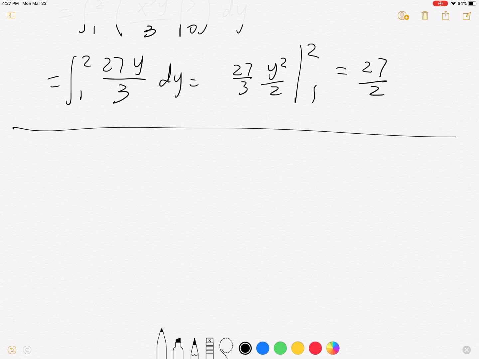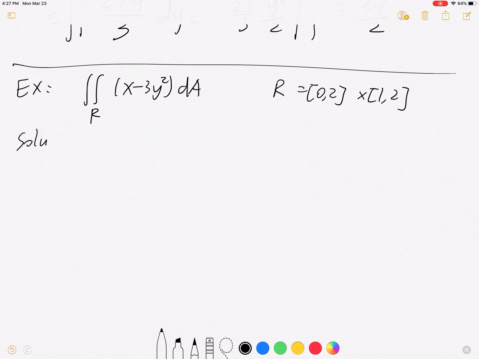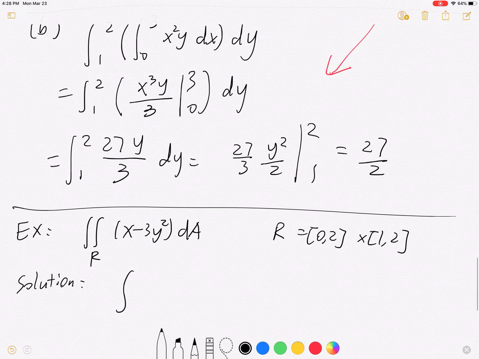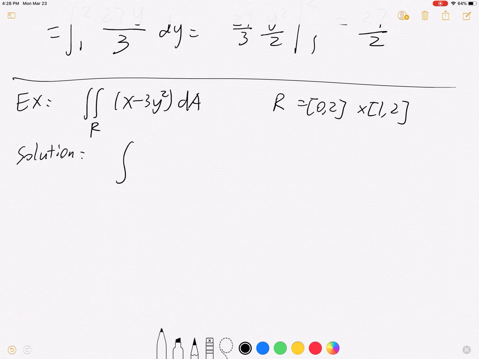Okay, next, let's look at the following example. Suppose you have the function x minus 3y squared. What is the integral over the domain [0,2] cross [1,2]? We just write down the integral. So here the difference is you need to write down the iterated integral by yourself. Here 0, 2 is for x, 1, 2 is for y.